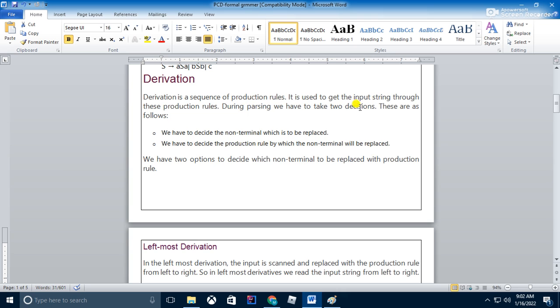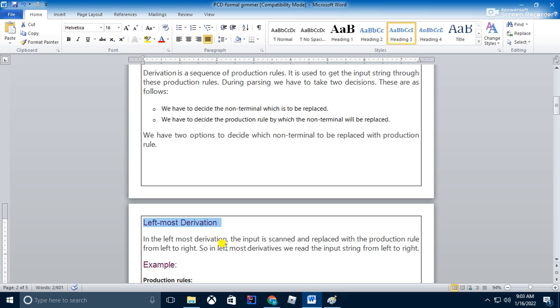During parsing, we can take decisions: either we decide the non-terminal to be replaced, or we decide the production rule by which the non-terminal has to be replaced. So we have two options to replace the non-terminal: either leftmost derivation or rightmost derivation.